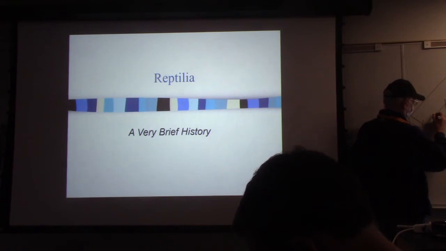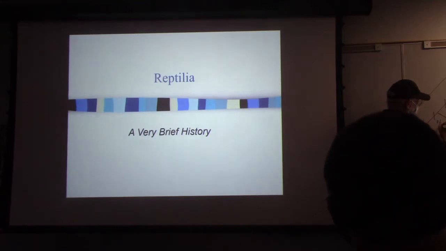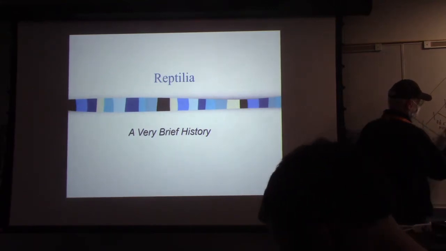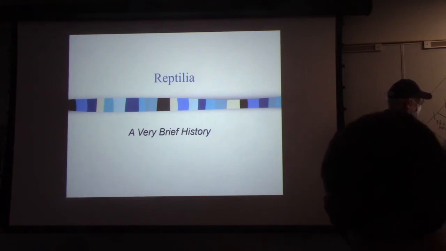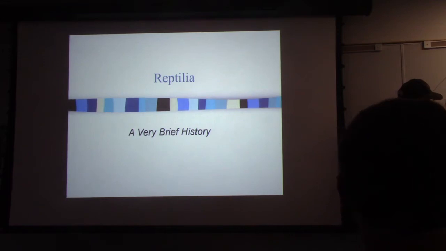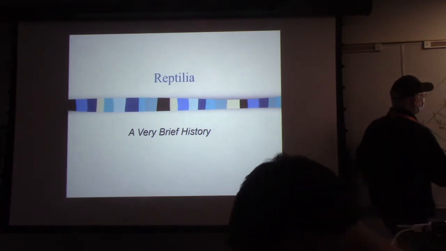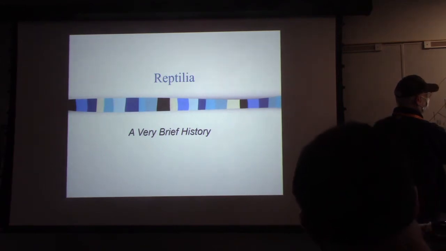Then, somewhere in here, we get a 3.5 chambered heart. Here, we get a 4-chambered heart. Here, we get a 4-chambered heart.